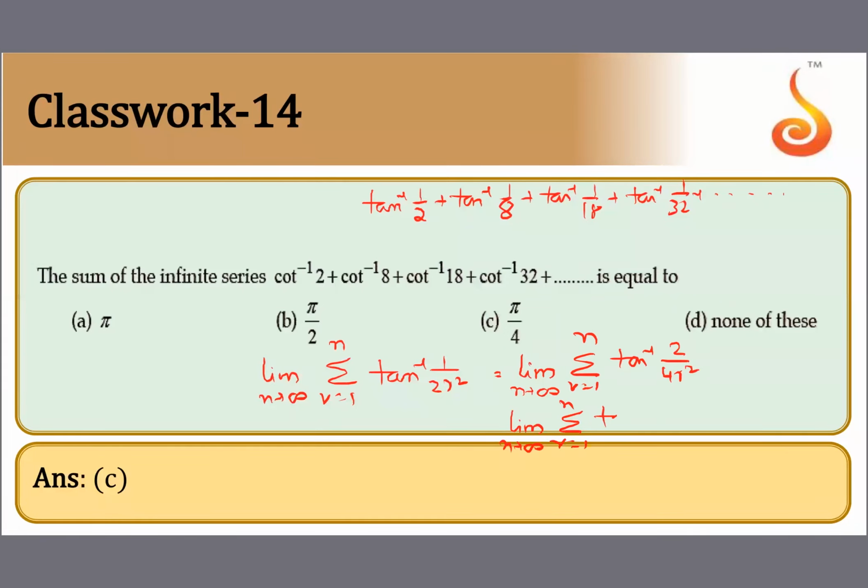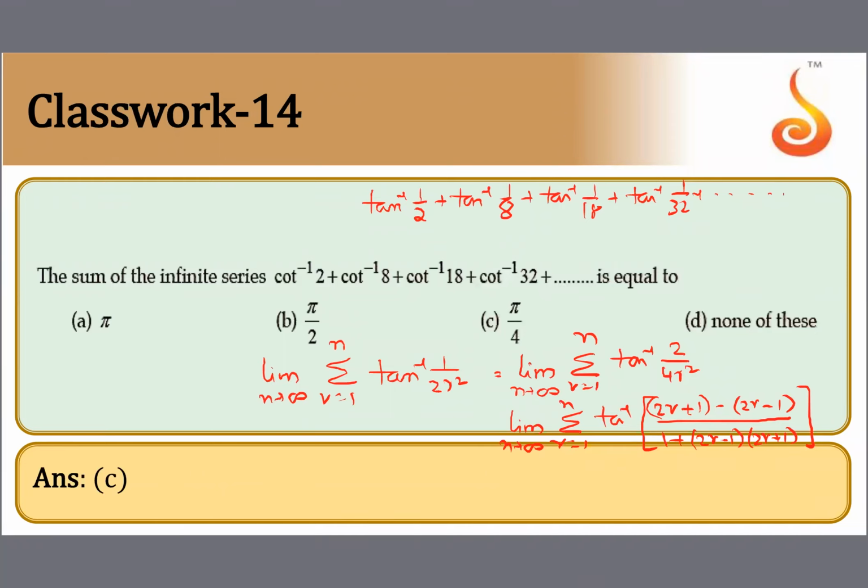This can be written as tan inverse of (2r plus 1 minus 2r minus 1) divided by (1 plus 2r minus 1 into 2r plus 1). You get the same thing, 2 by 4r square. Because 2r minus 2r will cancel, 1 plus 1 will give you 2. 2r minus 1 into 2r plus 1 will give you 4r square minus 1.